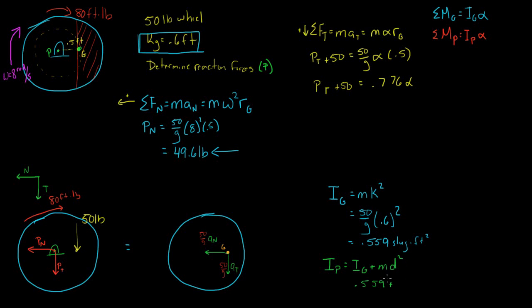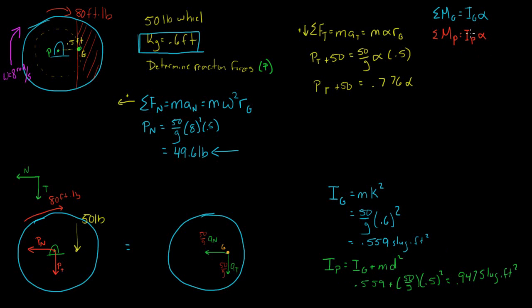And now I'm just going to add in my mass, which is 50 over g, times this distance squared, and this distance is 0.5. And this is going to give me a moment of inertia of this point P, which is 0.947 slug feet squared.